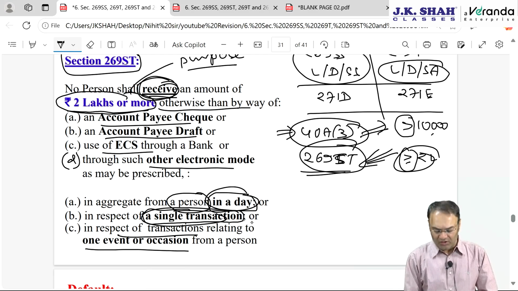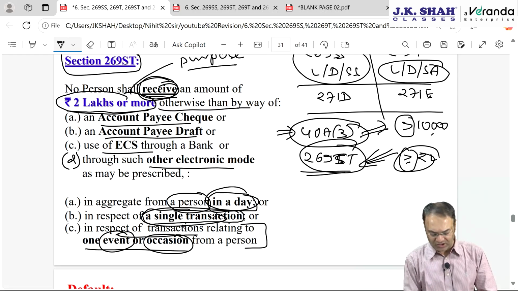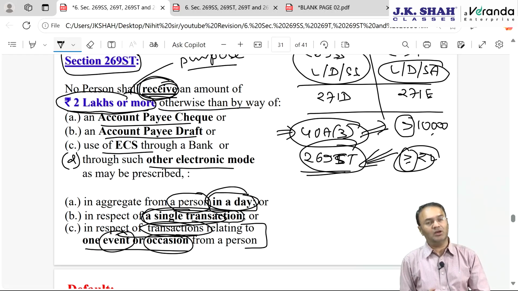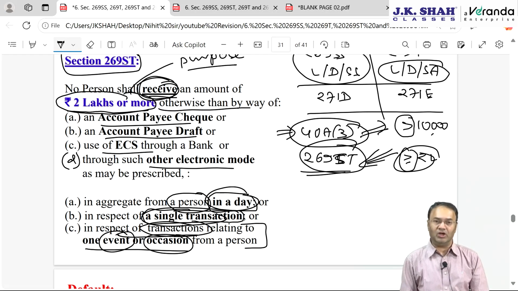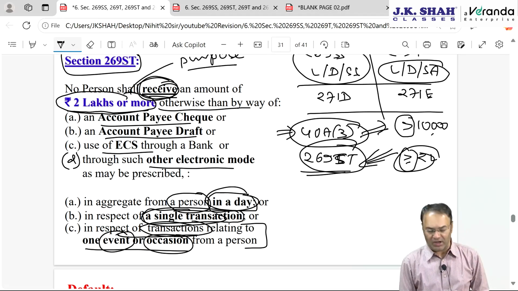Meaning for one function or event or occasion, if I split it into multiple transactions and for each transaction I take 1,99,000 cash, then also it's a violation, because this is a daily limit also. It is a limit per person per day, or per person per transaction, per bill, per invoice, or a limit per event, even though split into multiple transactions.